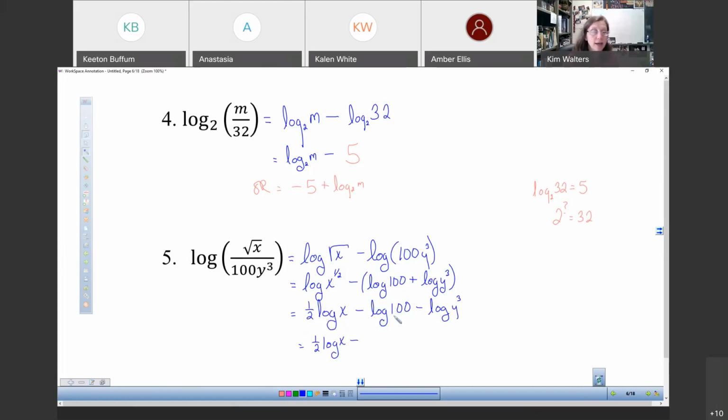And so I've had a couple of people tell me that the log of 100 is 2. 10 to the second power gives me 100. And then I have minus 3 times this log of y. And you can put that y in parentheses. You don't have to, all right? But you can.